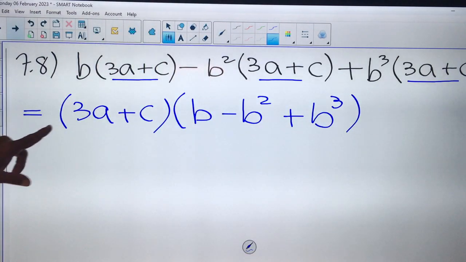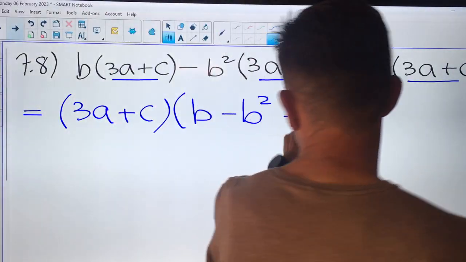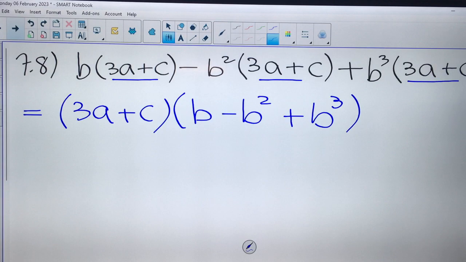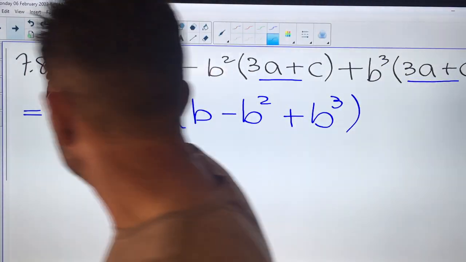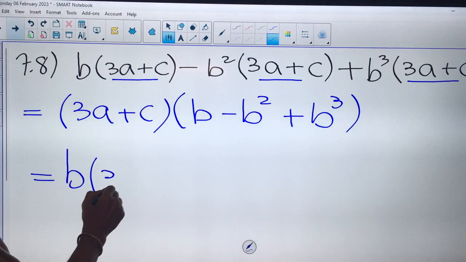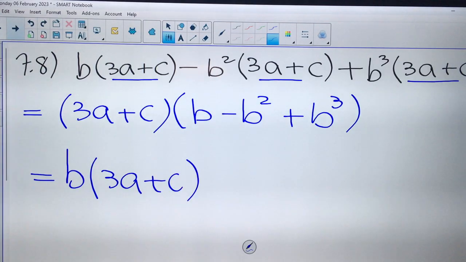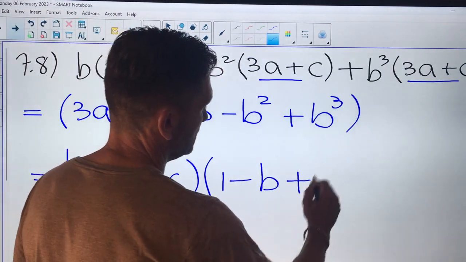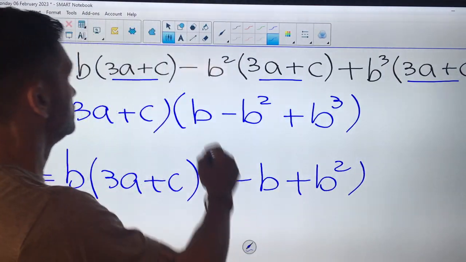But now the second bracket has another common factor in it. There's a B and a B and a B, so we can remove a B as a common factor. So whether you put that B right in front or between the two, it's up to you. I just like to have it in front, then it looks better. That gives us 1 minus B plus B squared.